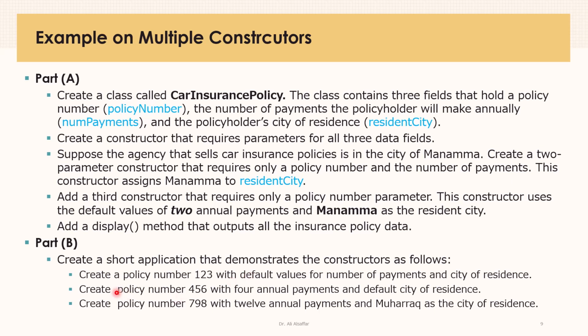The second object we will create by knowing only the policy number and 4 annual payments, and we will leave city of residence with default value. And the third object will be for a policy number 798 with 12 annual payments, and city of residence is Muharraq. Let's go to jGRASP and write the code for part B.